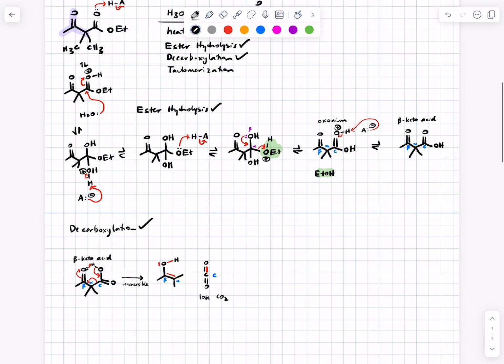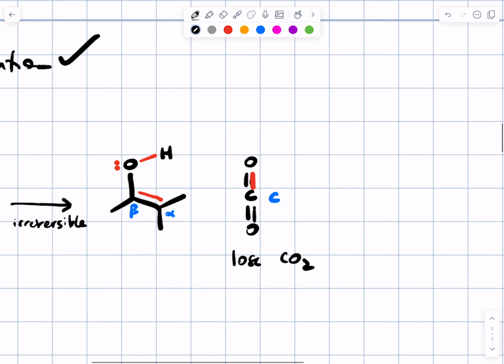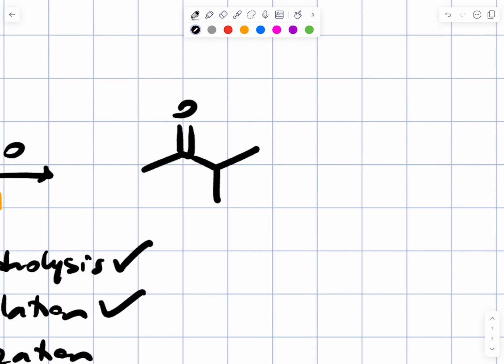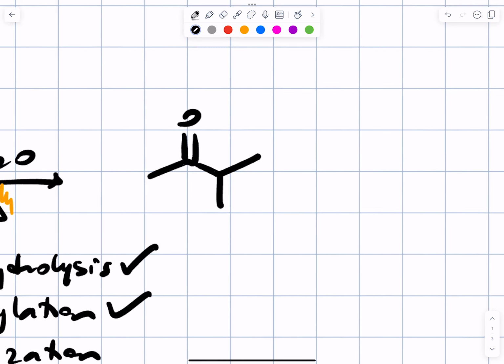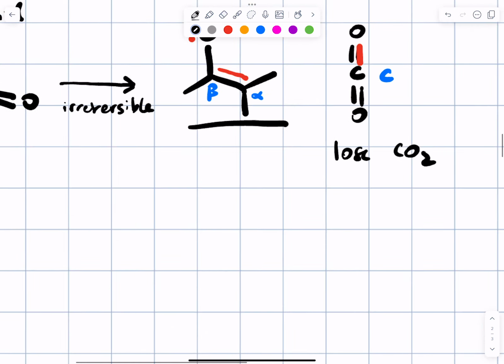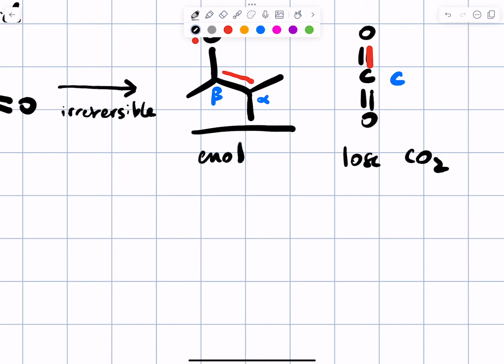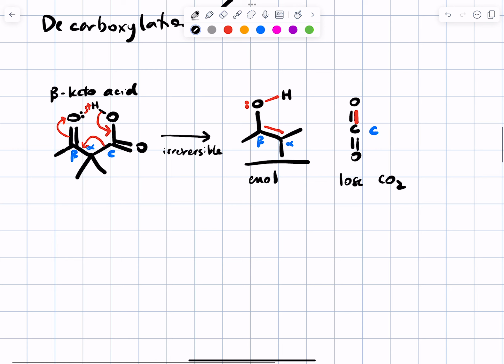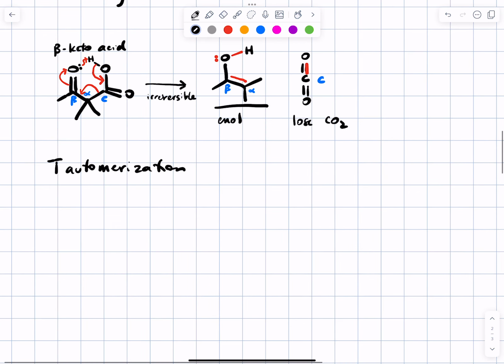Compare where we are here to where I said we were going here. That's the ketone. We're in the enol form, right? And so lastly, we just need to tautomerize from the enol form to the keto form.